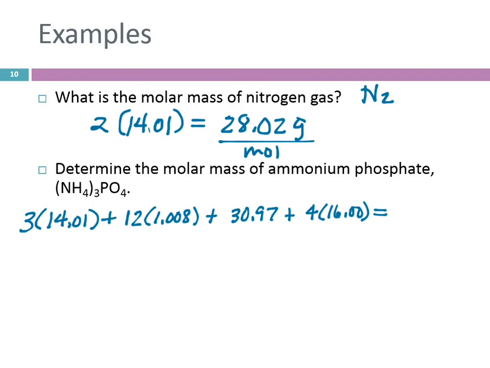Three times 14.01 plus 12 times 1.008 plus 30.97 plus 4 times 16 equals 149.096 grams. So 149.1 grams per mole.